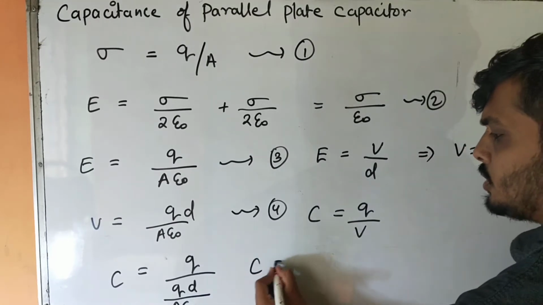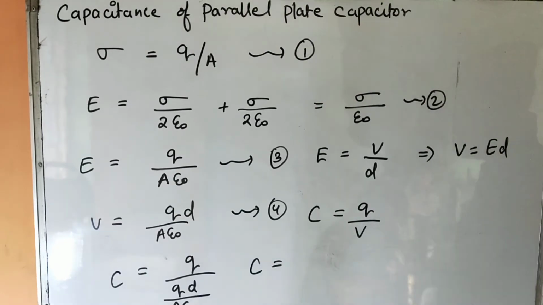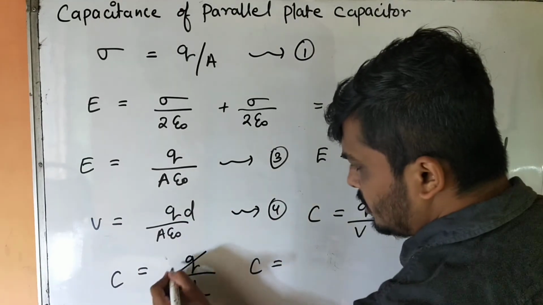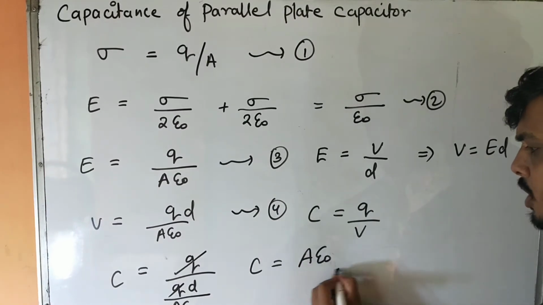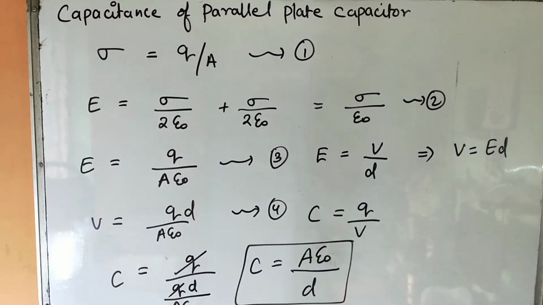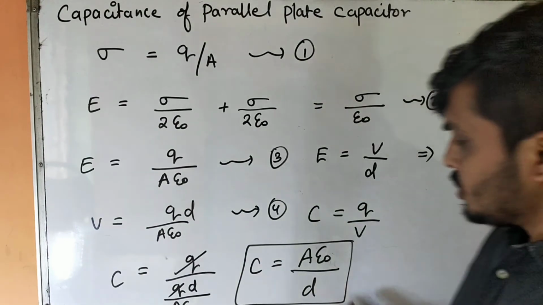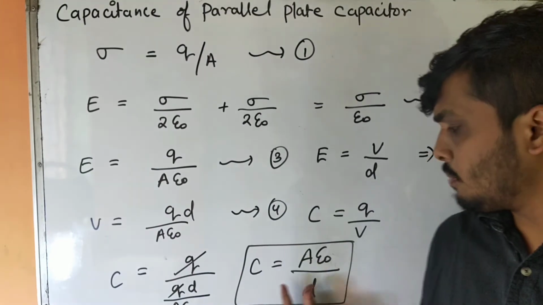Is it correct? The denominator of the denominator will shift to the numerator, and I can cancel this Q with this Q. So what I am left with is A epsilon naught divided by D. So this is the required expression for the capacitance of the parallel plate capacitor.